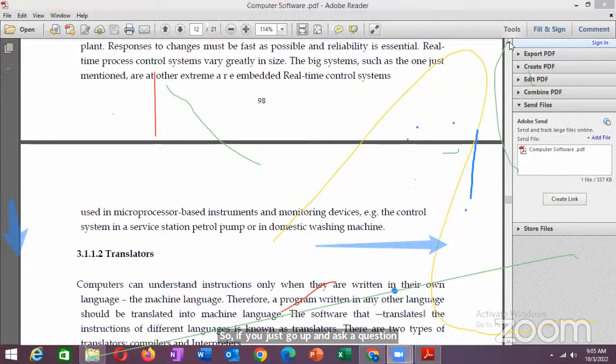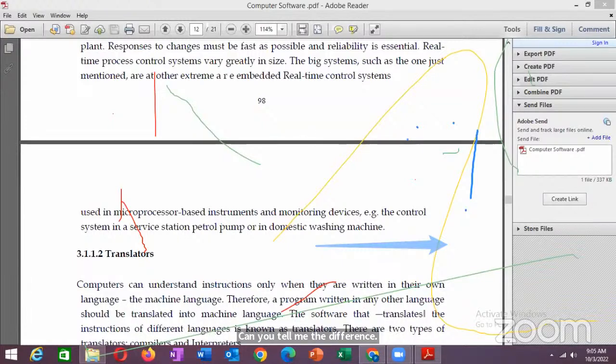Let me just ask a question. On your chart, differentiate between compiler and interpreter. Very fast. Can you tell me the differences?